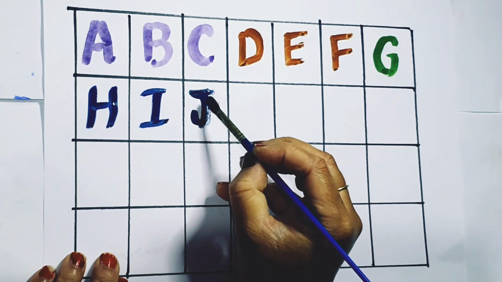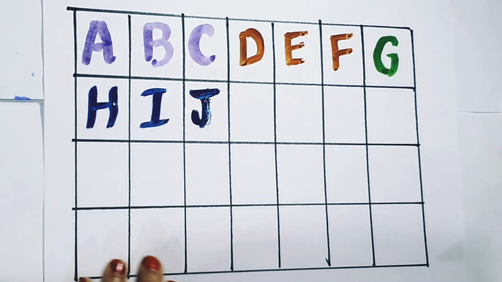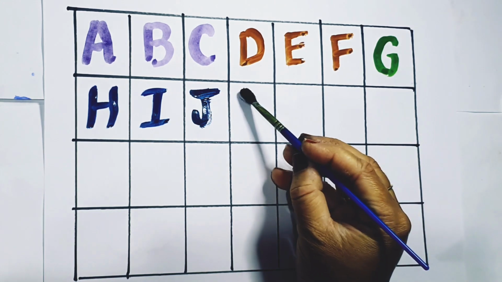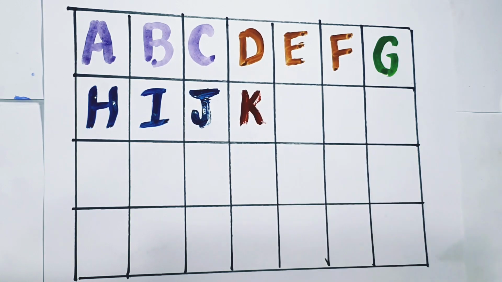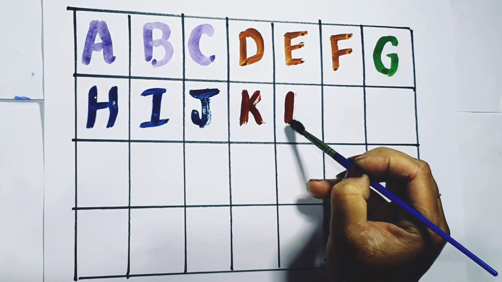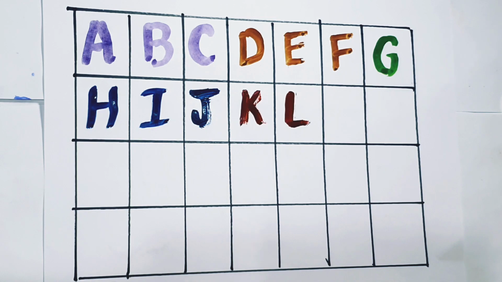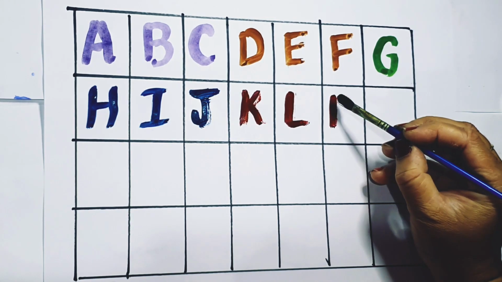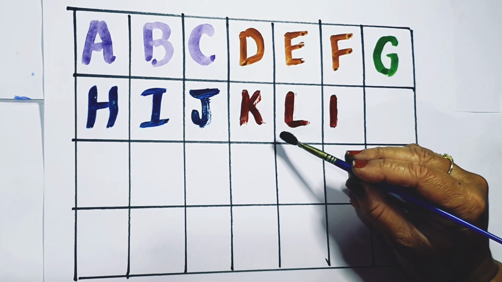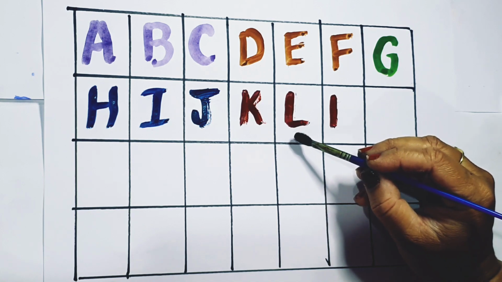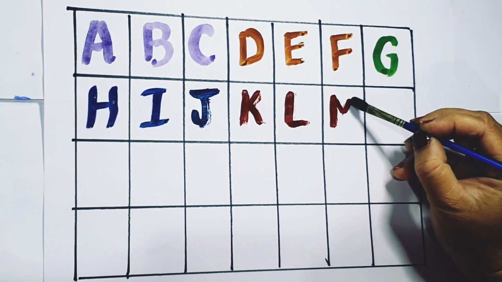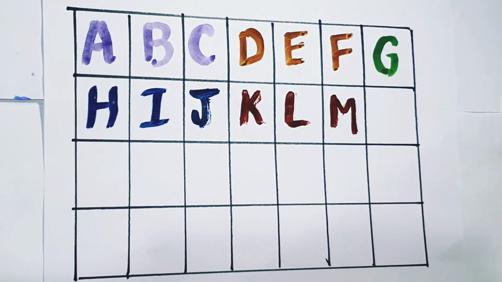J for joker. K for kite. L for lemon. M for mango.